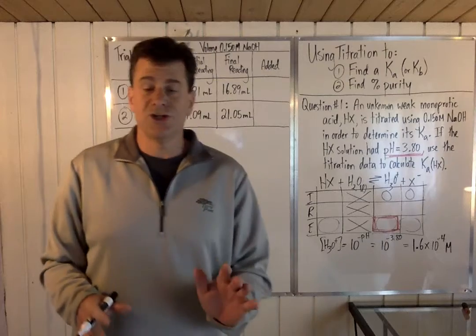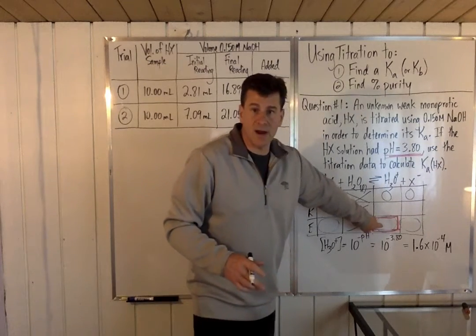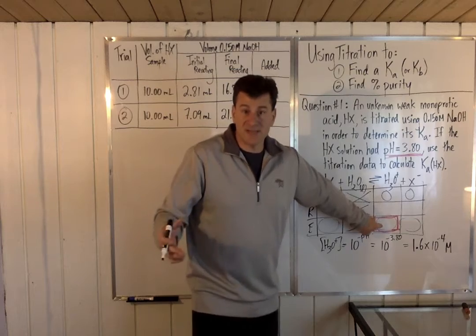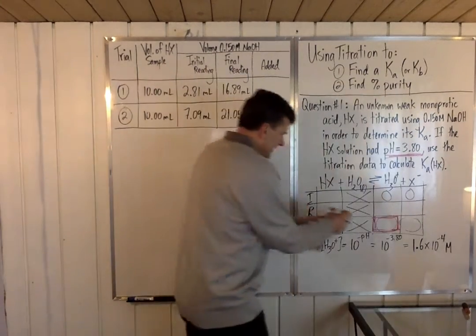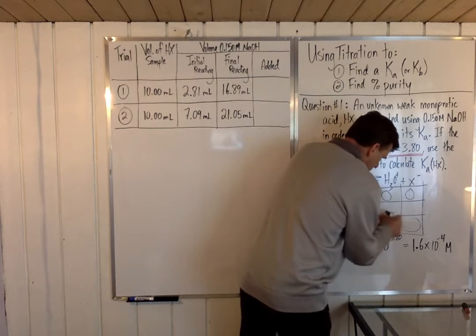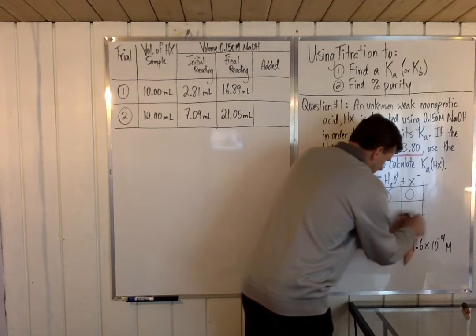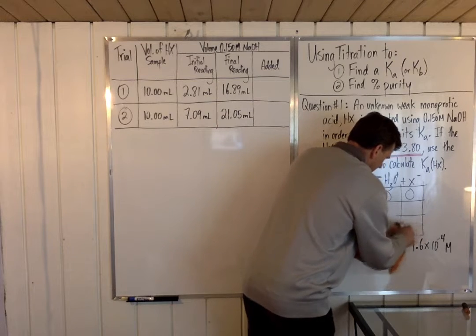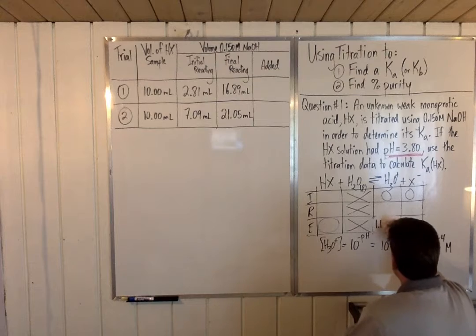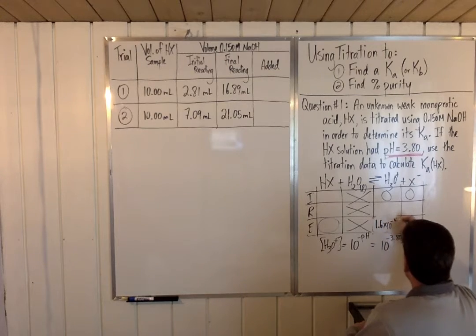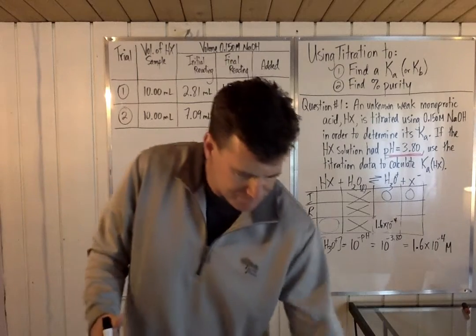Which means that the equilibrium hydronium concentration right there will be 1.6 times 10 to the negative 4 molar. Now let's use our stoichiometry and our logic here.